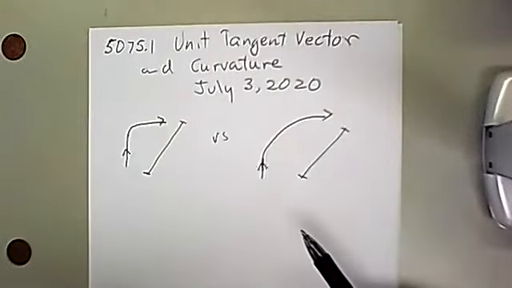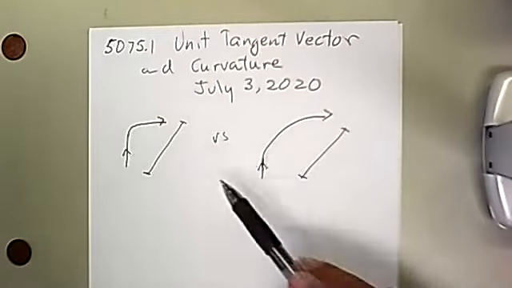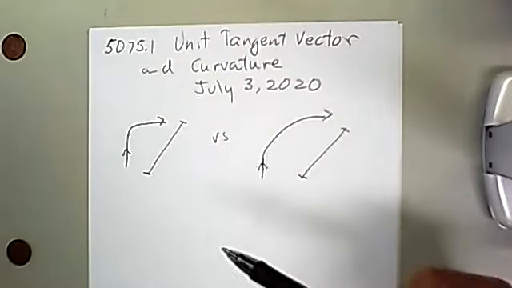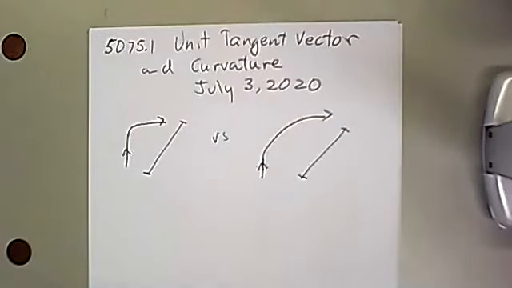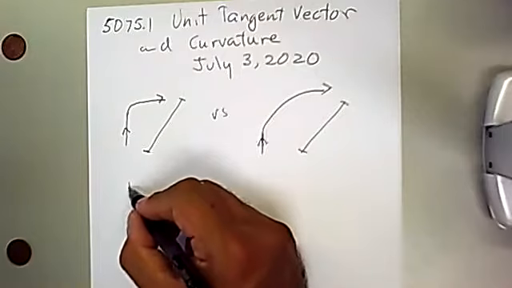We want to have a precise way of obtaining a measurement of how sharp a curve bends. That is why we need to define curvature. We're going to use kappa.